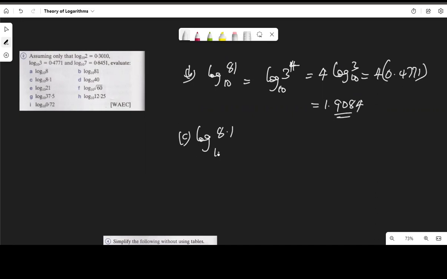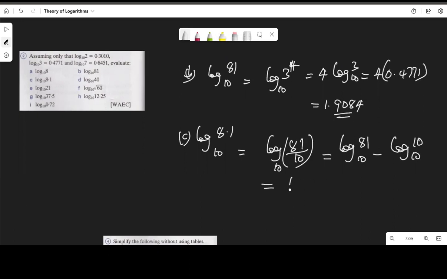And for question C, we have log 8.1 to base 10, which you can write as log 81 over 10 to base 10, which is log 81 to base 10 minus log 10 to base 10. 81 is 3 to the power of 4, so this will be 4 log 3 to base 10 minus 1, since log 10 to base 10 is 1.